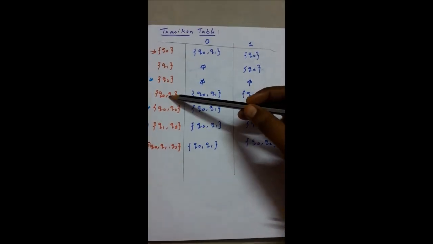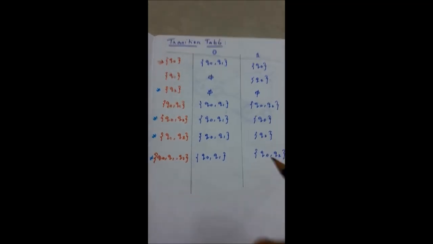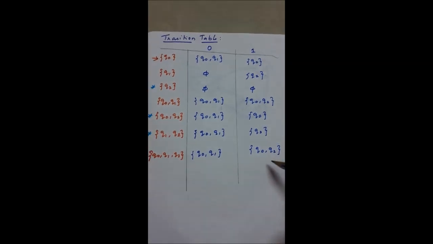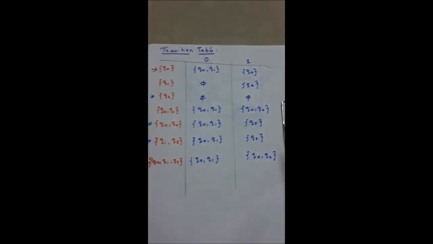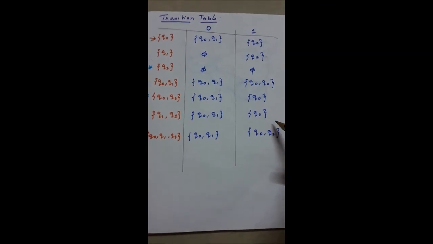So the combinations Q0, Q1, if you want you can refer to it, and by referring to that I have listed all the values that we get in the transition function.